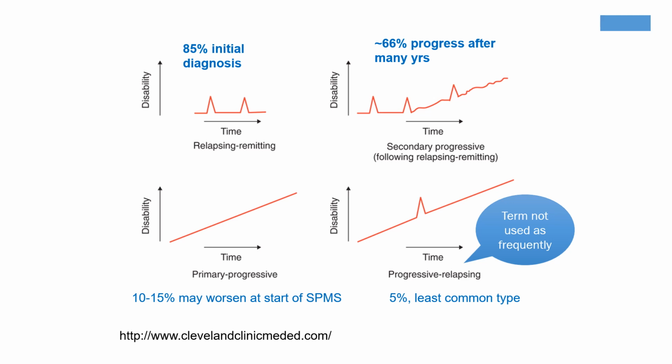I like this picture because it shows a comparison between the time and the disability. And you'll see that all of the 4 categories, or the 4 subtypes, are progressive, but you'll have a spike, which is a relapse, because as the spike occurs, it's an increase in disability.